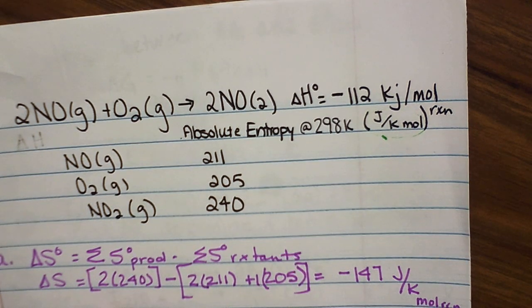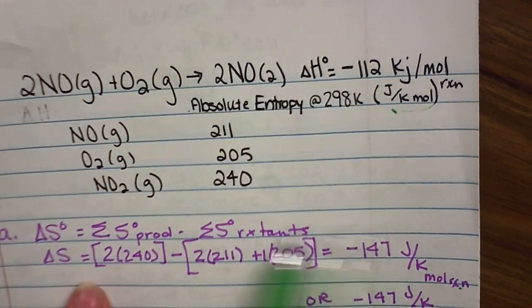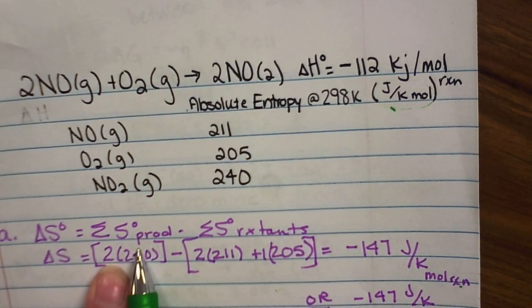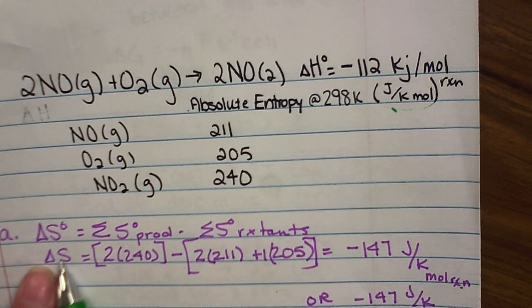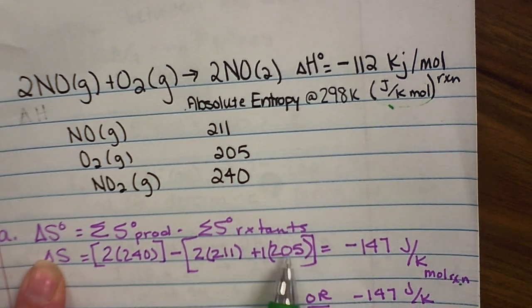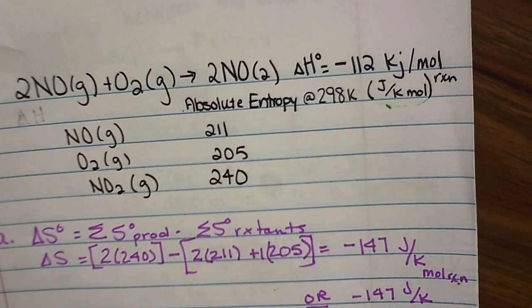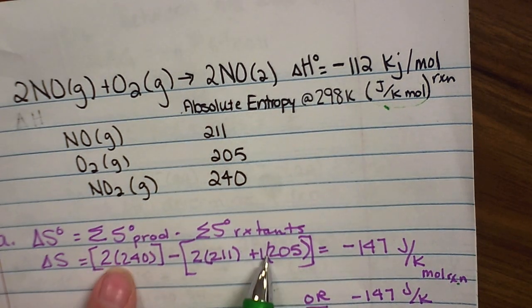Which means what I would have written down here for that, this is their answer, but because I wanted to make sure I had everything I needed to show you how to do it, I would have written this. Delta S is 2 times 240 minus this times this, and then I would have calculated. So this is final minus initial.